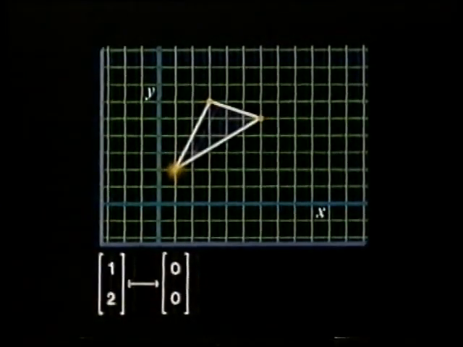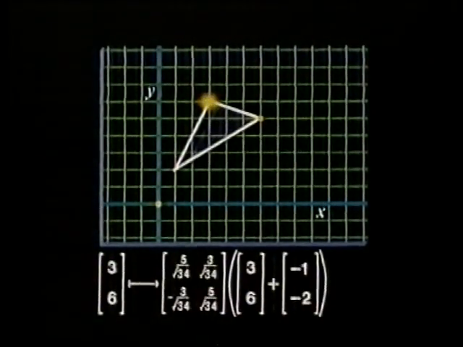Now let's transform each of the vertices in turn using this formula. We'll begin with the point 1, 2. Doing the addition, we get the column vector 0, 0. Now we multiply them out, which yields a final result of 0, 0, which is a check that we've got the right transformation, since we wanted to transform this point to the origin.